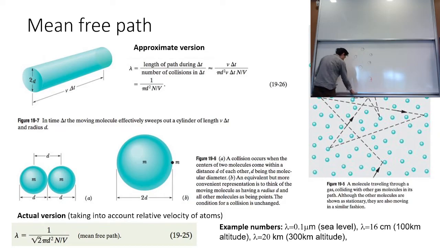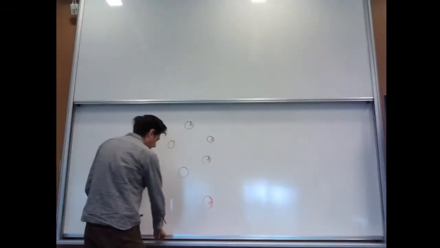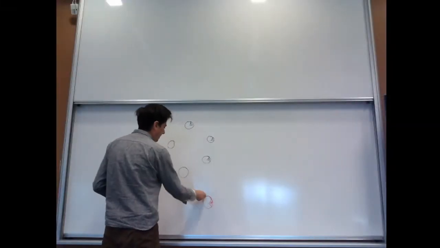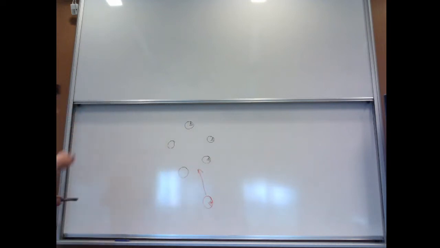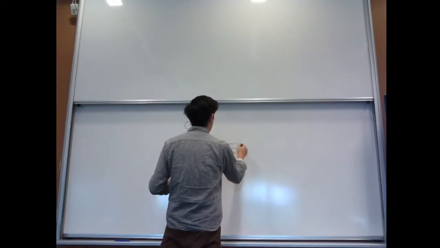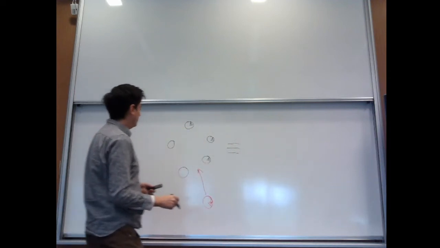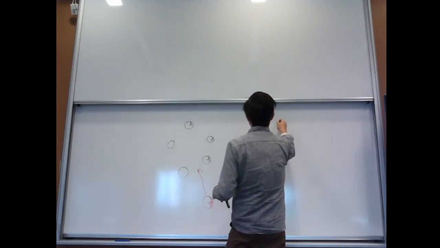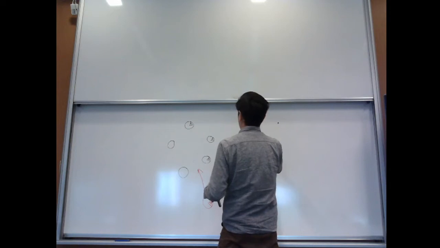This one is going to come in like this, and we're going to figure out which atoms it might hit. Basically, this is equivalent to saying we have the fixed atoms as dots.